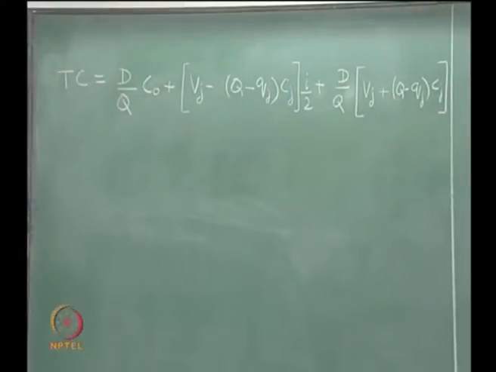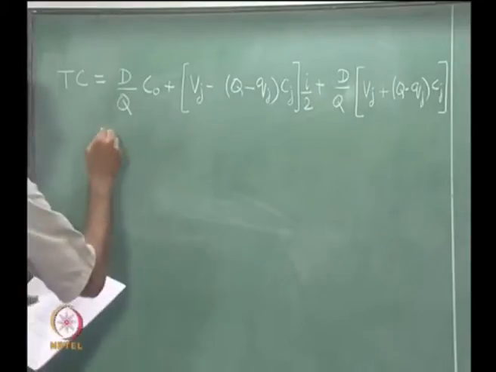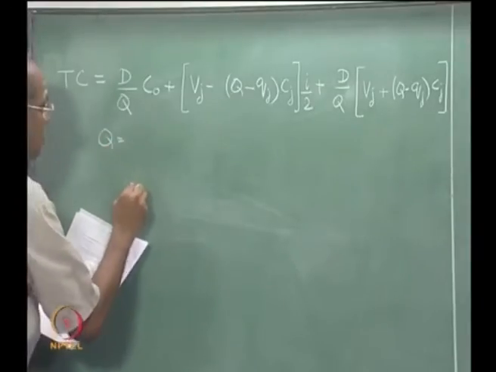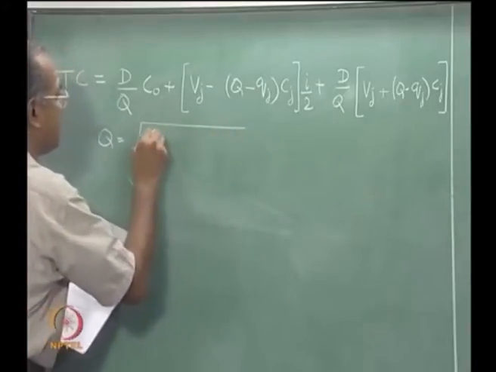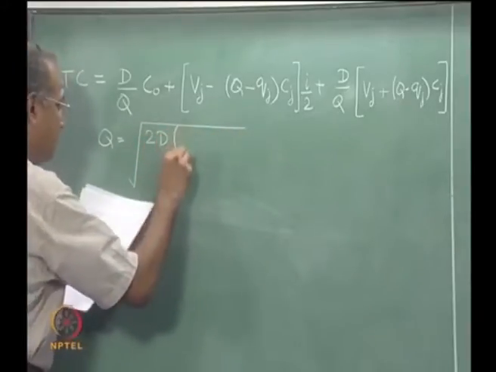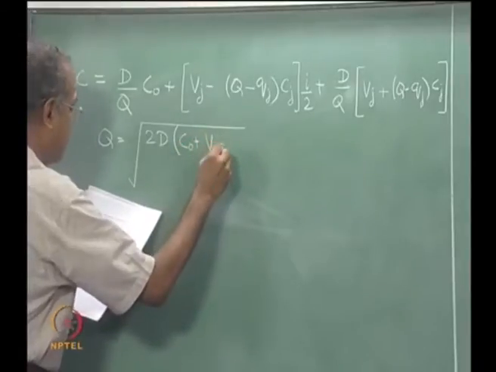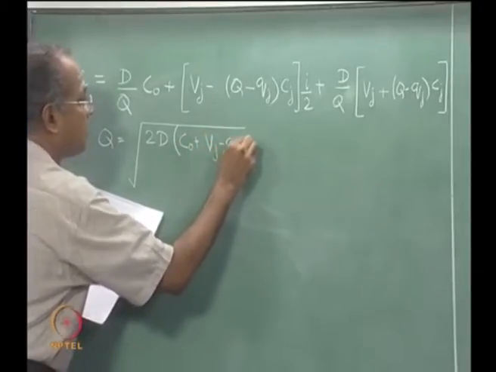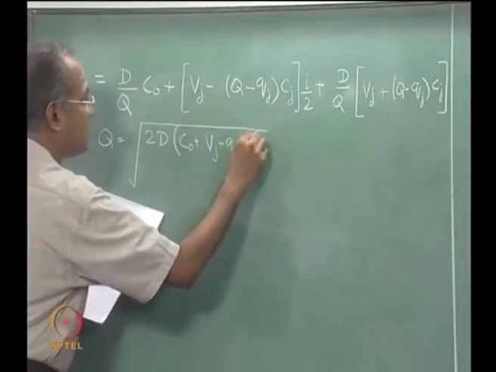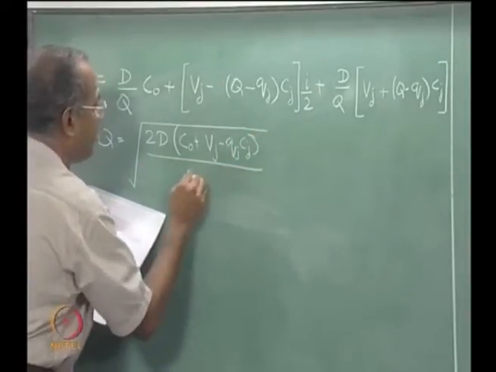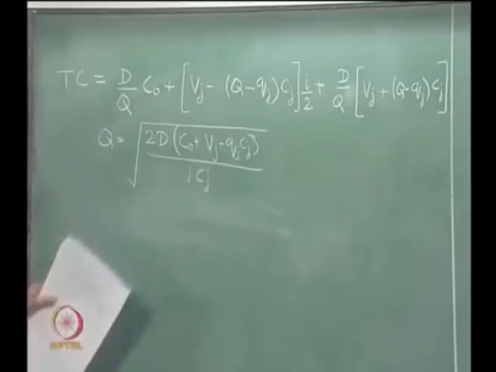This on differentiation would give us Q is equal to root over 2D into (C naught plus Vj minus Qj Cj) divided by I into Cj.